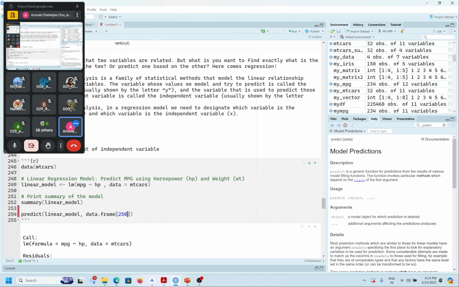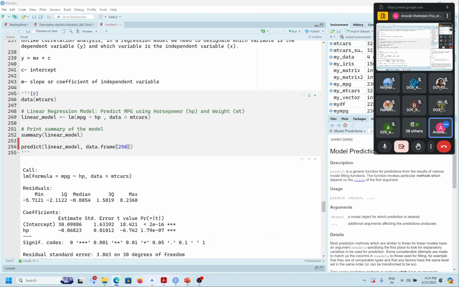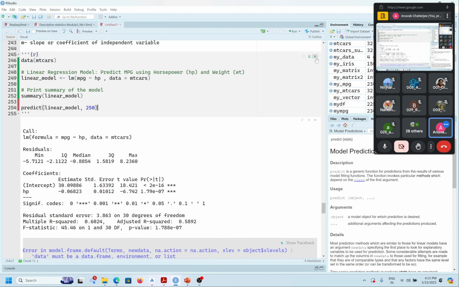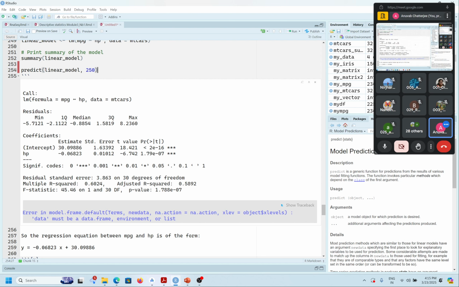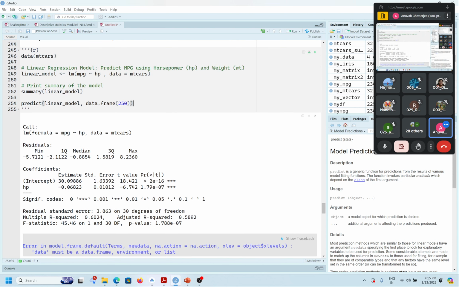One second. If I put it just 250, then it should be a data frame.